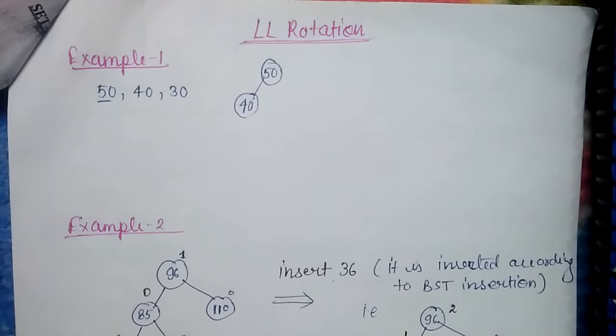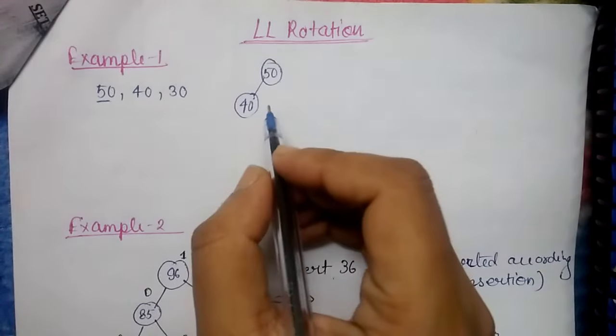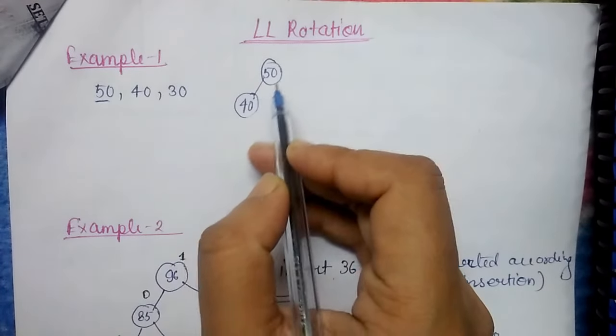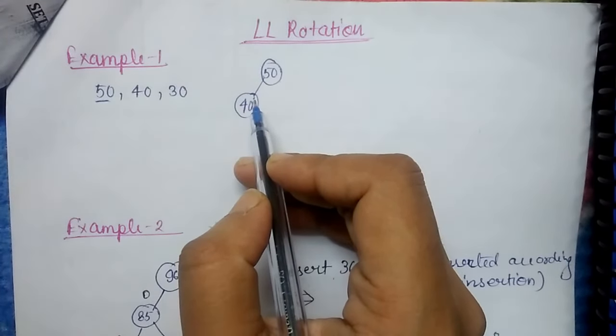After that, whenever we insert some value in the AVL search tree, we will calculate the balance factor of the tree. So let us calculate the balance factor of each and every node in this tree.